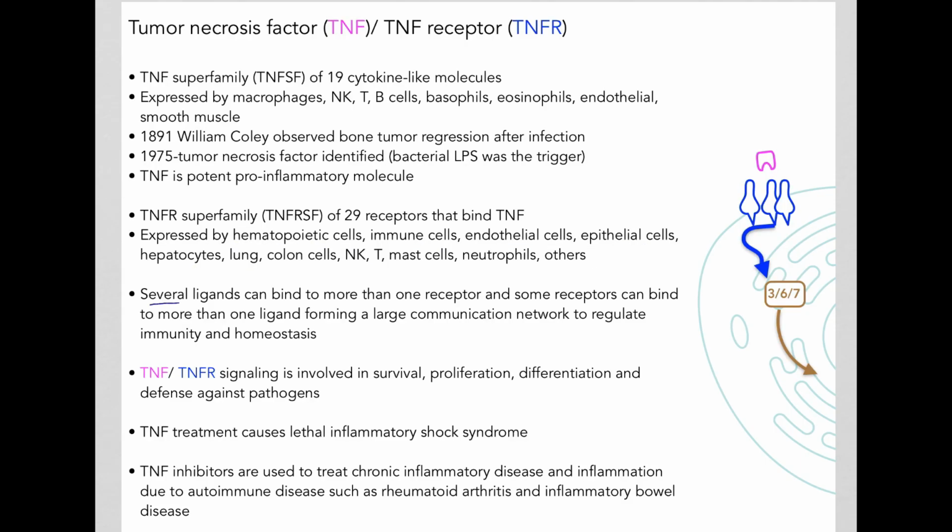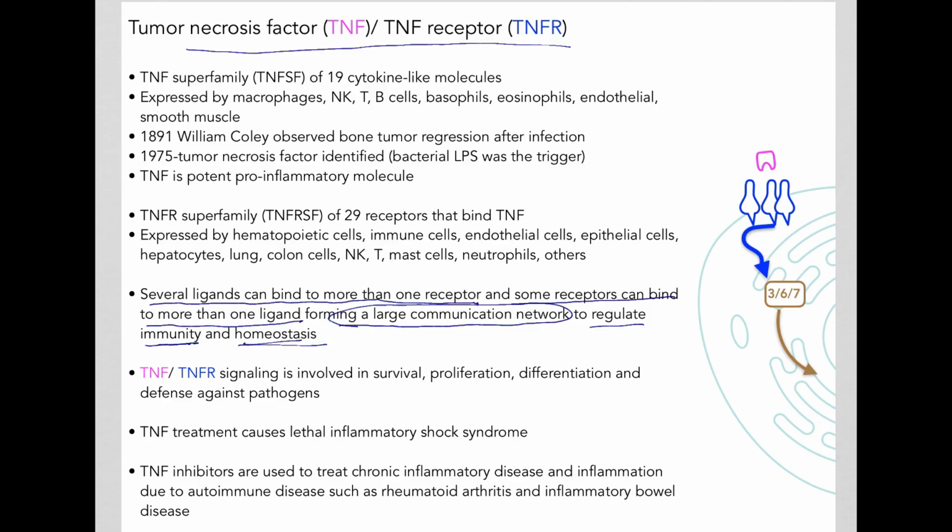Now, several ligands can bind to more than one receptor, and some receptors can bind more than one ligand. This helps form a very large communication network, and this helps to regulate the immune system as well as homeostasis. So this whole TNF receptor family is a very important family of proteins that regulate the immune system as well as several things in homeostasis.